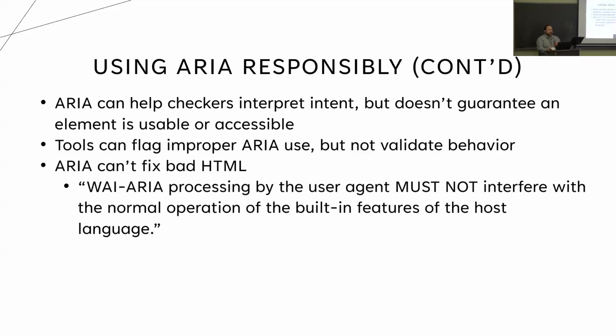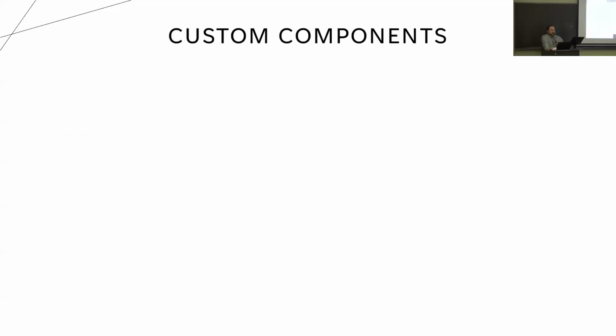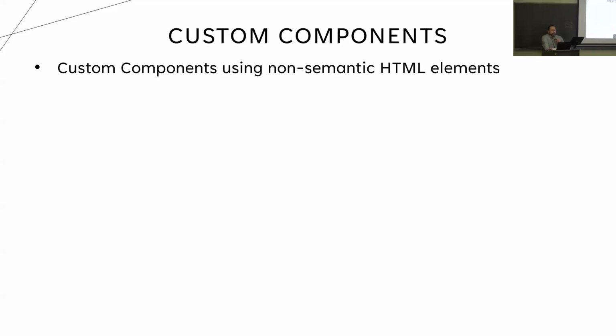Yep. So it's going to flag improper ARIA use, but typically not validate that behavior. And it can also overcomplicate or mislead users or the checkers if you apply too many ARIA properties and misuse them.